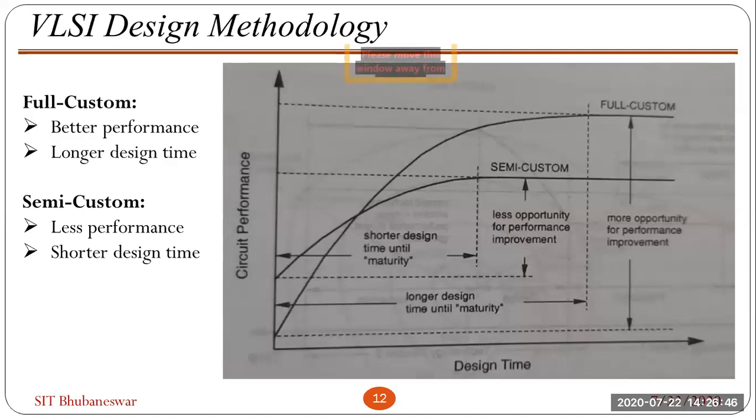That's why more than 80% of things are done automatically by the tools, so that within a short span of time we complete the work, create the product and market it. But for analog, it is not possible in the automatic way, so that's why we are doing custom design for analog.